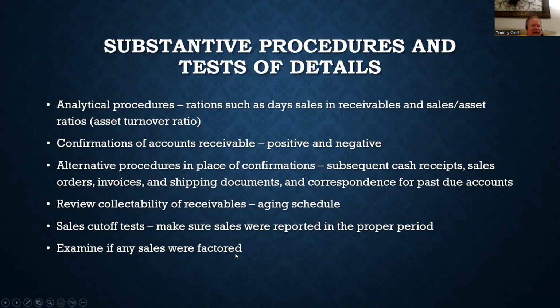Examine if any, and this should be accounts receivable right here. But accounts receivable can be factored by a company. What that means is that the company is selling the receivables in order to get immediate cash from them. And some companies like to do this.